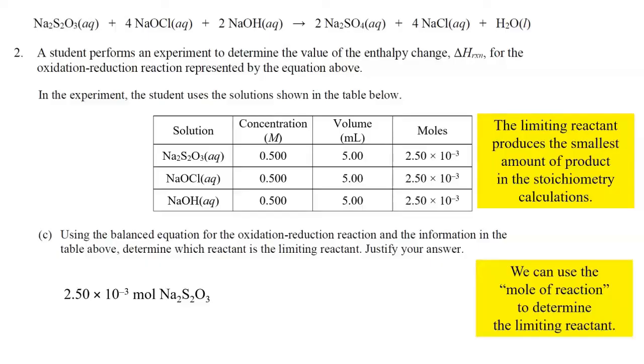So for the sodium thiosulfate, which is Na2S2O3, it's understood that there's a coefficient of 1 for that chemical. So for every 1 mole of reaction, there's 1 mole of sodium thiosulfate, Na2S2O3. That means I have 2.50 times 10 to the negative 3 mole of reaction.